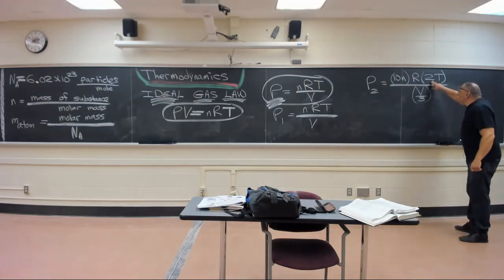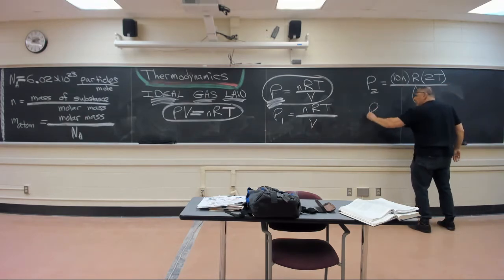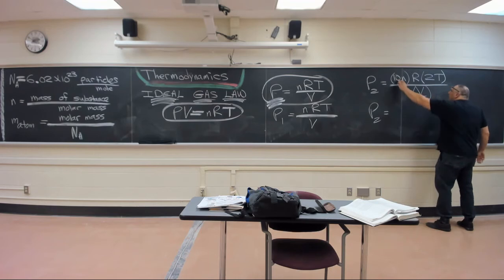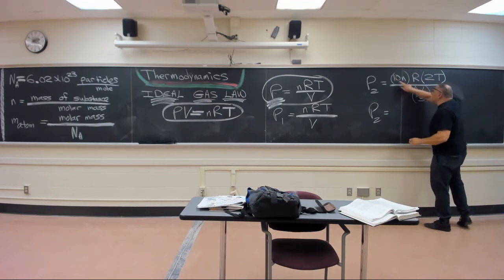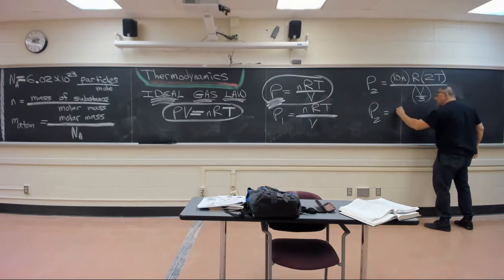If you double the average kinetic energy and also put 10 times the particles, that's 2 times 10, 20. Divide by 1/3, so the 3 pops up. 2 times 10 is 20, times 3 is 60.